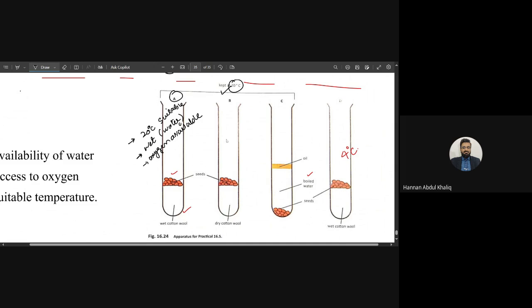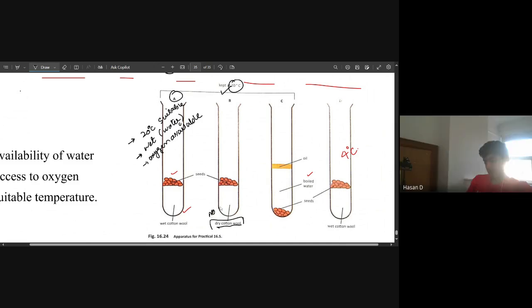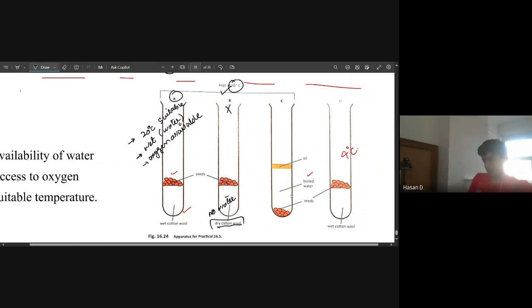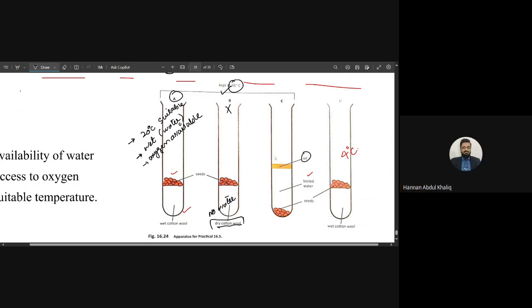Now, why is there no seed germination here? Because it is dry, so no water. Yeah, no water. Why would it not occur here? Because it's oil. So there would be very little oxygen, as it does not let the oxygen dissolve into water. Okay. What about the boiled water? Is there any significance of it?